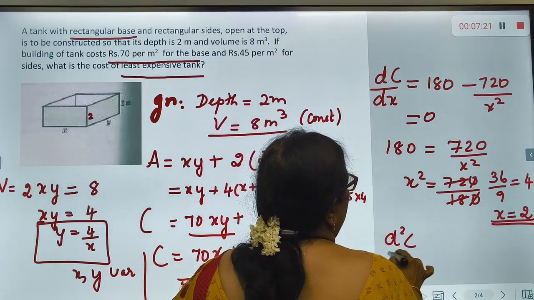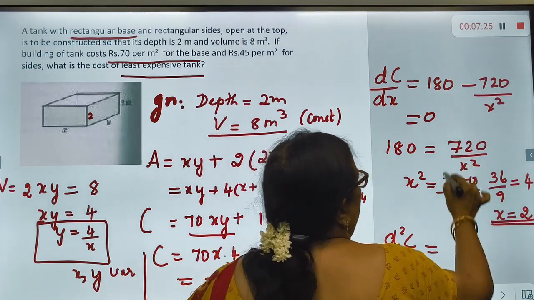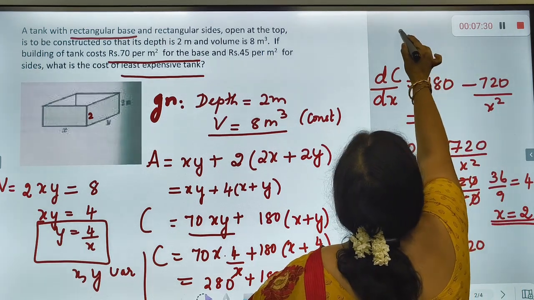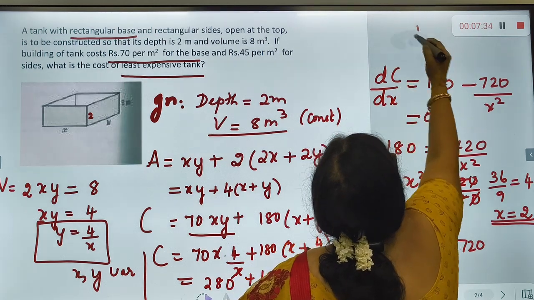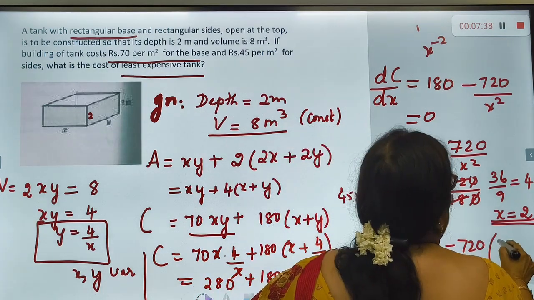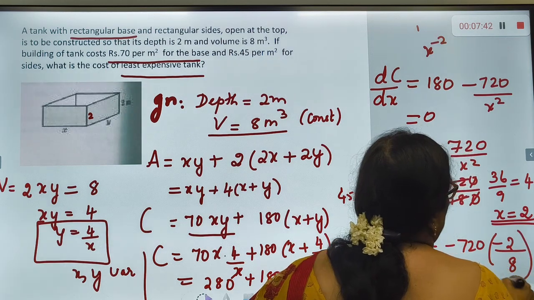I have to find d square C by dx square, which will be minus 720 into the derivative of minus 1 by x square, that is x power minus 2. So it will be minus 2 by x cube. X cube is 8.